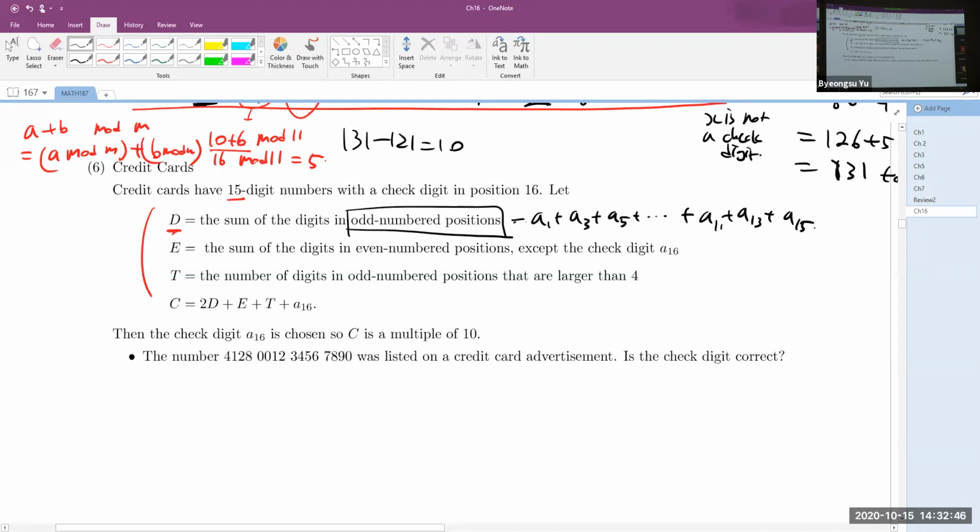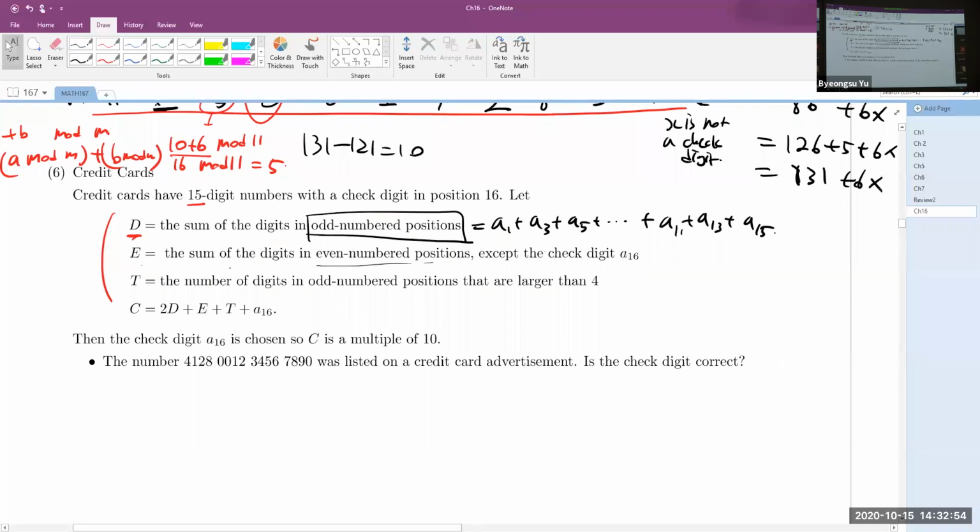So this is D. And E is the sum of the digits in even number positions except the check digit A16. So it is A2 plus A4 plus and so on, A12 plus A14, not A16, right?